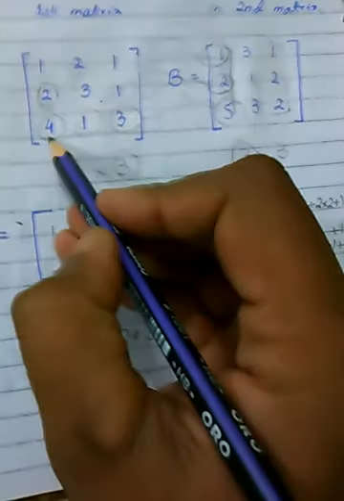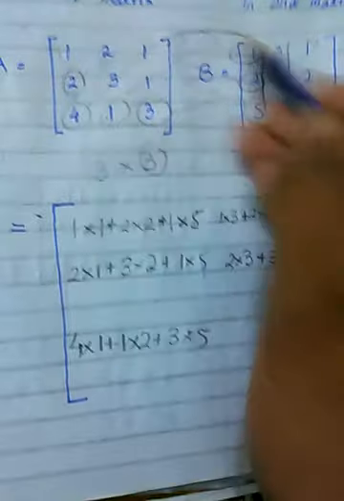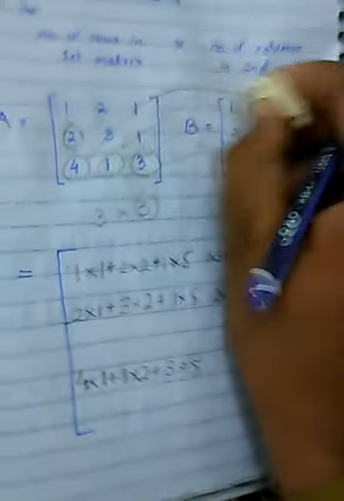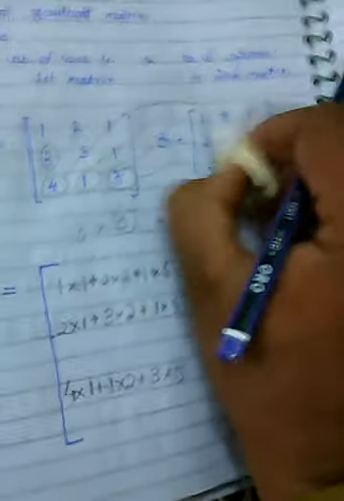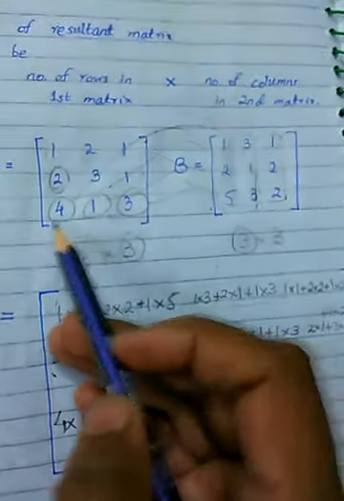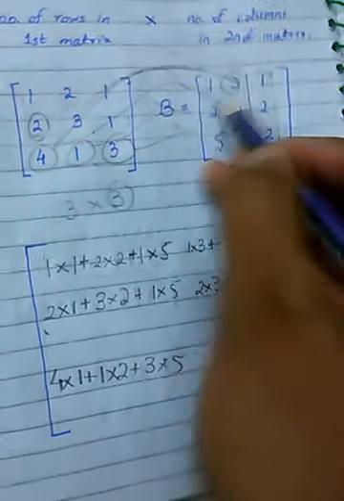Likewise, third row and second column. 4 will get multiplied by 3, so we can understand it easily. So third row with second column. 4 would get multiplied by 3, 1 by 1 and 3 by 3.